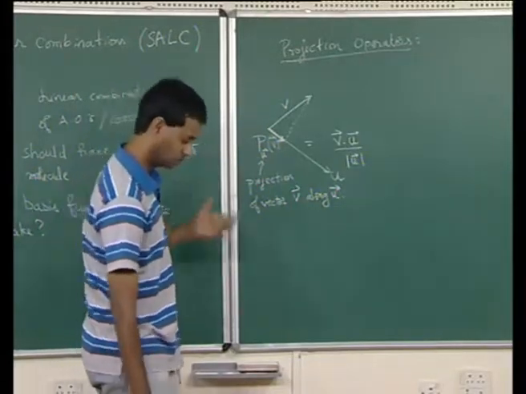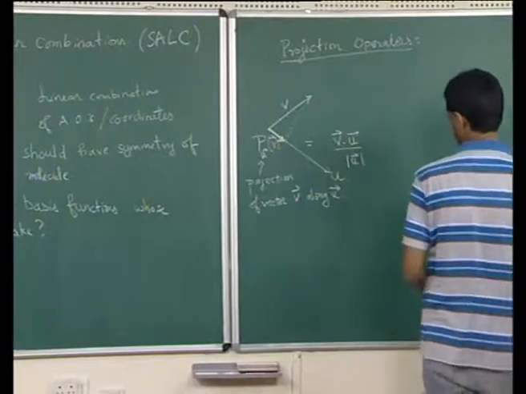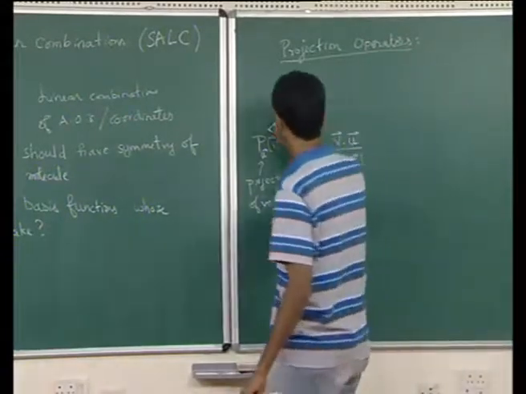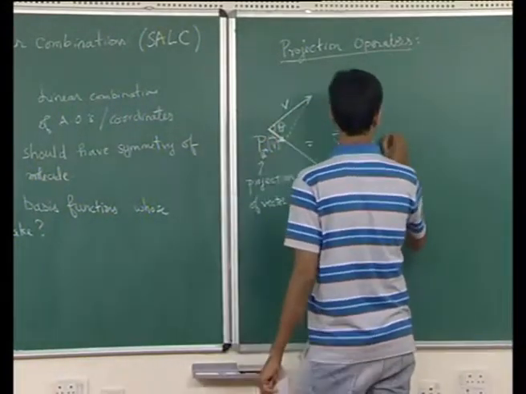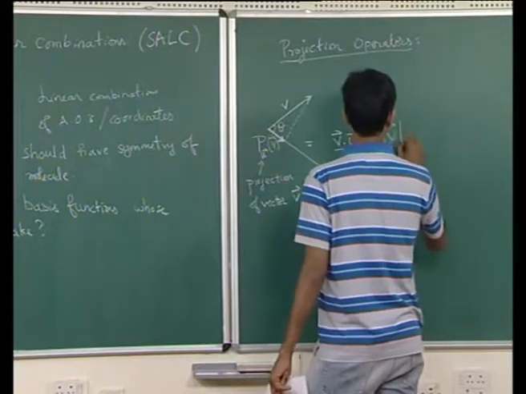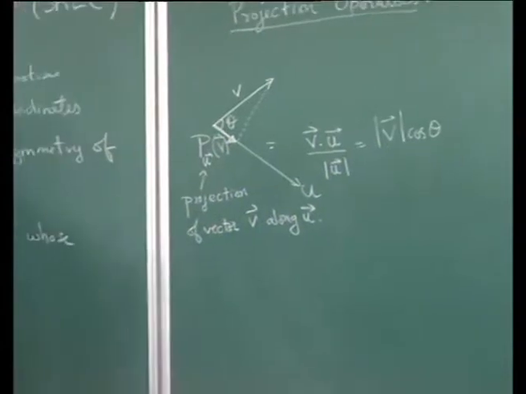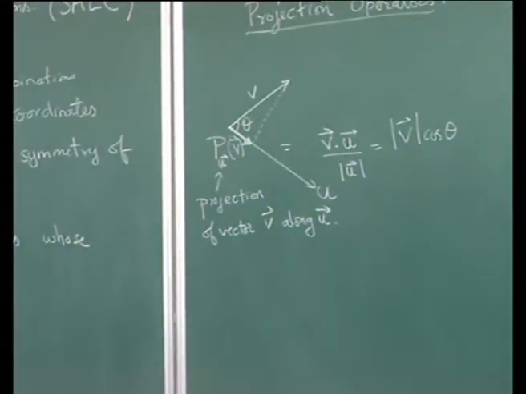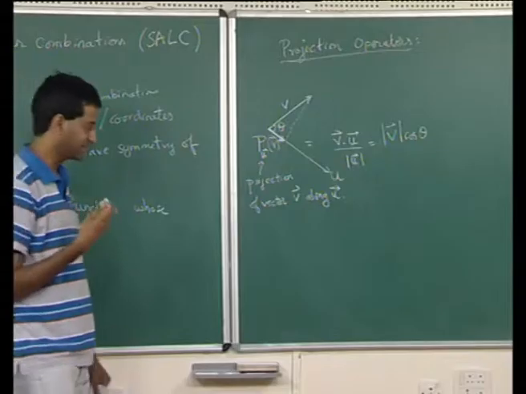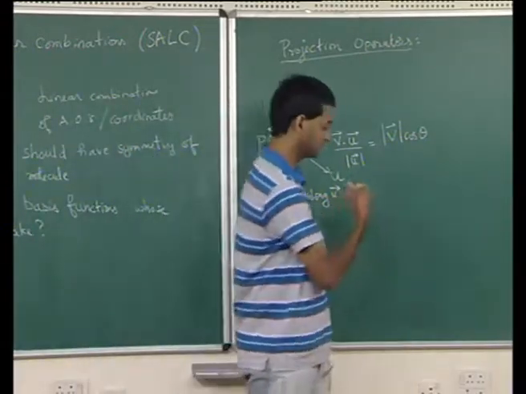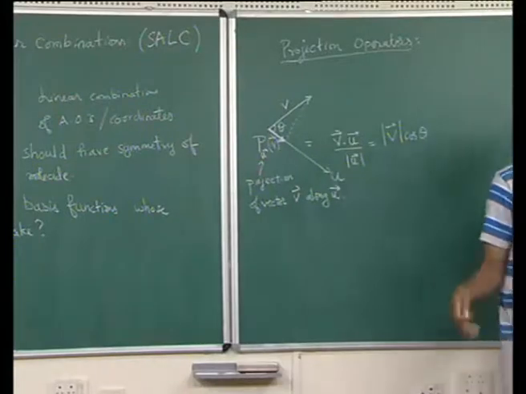Okay. So we can work this out, and if this angle is theta, then this is just the length of v times cos theta. So this is the usual projection we talk about when we are dealing with vectors. Now when we were discussing linear algebra, we said that the idea of a vector can be generalized.